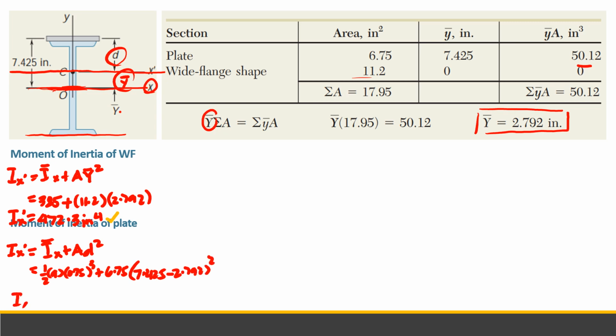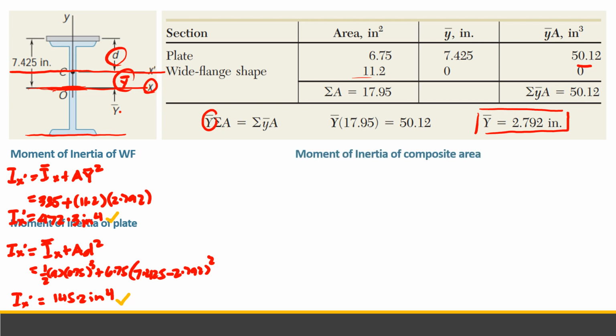So the moment of inertia of the plate with respect to the x prime is equals to 145.2 inch to the power of 4. Okay, so that is for the plate.